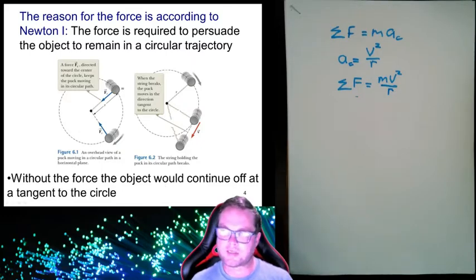As indicated in this diagram, it's a force acting towards the center of the circle. Remember, that's because the centripetal acceleration also acts towards the center of the circle. If it wasn't for this force, when the string breaks, the object would fly off at a tangent to the circle, no longer continuing in its circular orbit.